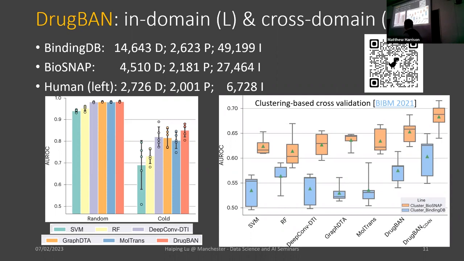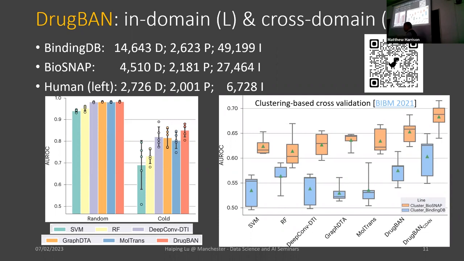So then there's what we call cold split. The cold split is basically you make sure that the drugs and targets in the training set do not appear in the test set. So in other words, you are testing on drugs and targets that you have never seen at all.